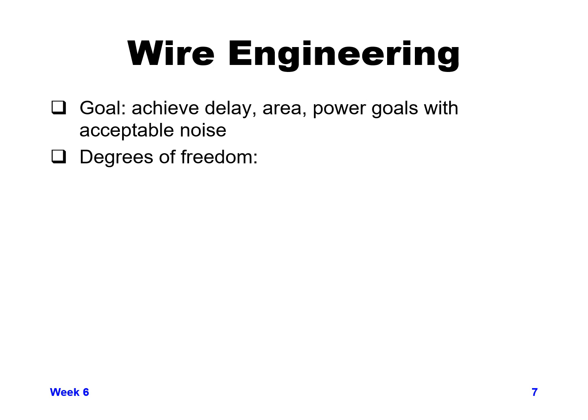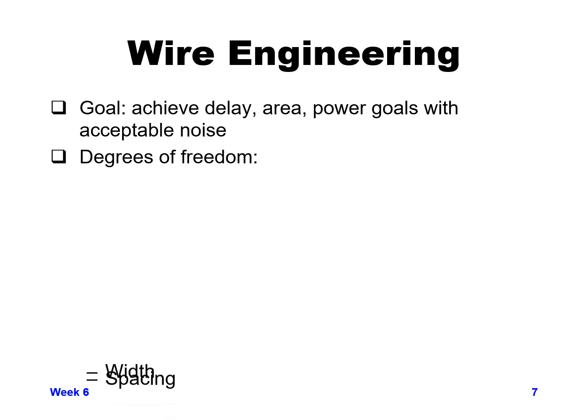In some cases that might be possible and might not cause any problems, but in a lot of cases you actually have to pay attention to your wires as much as you pay attention to your logic gates and your transistor sizes, etc. So your goal is to achieve as small a delay as possible in areas where your delay is most critical, to have as little area consumption as possible, and meet your power goals with an acceptable amount of noise, meaning less noise than actually causes a problem.